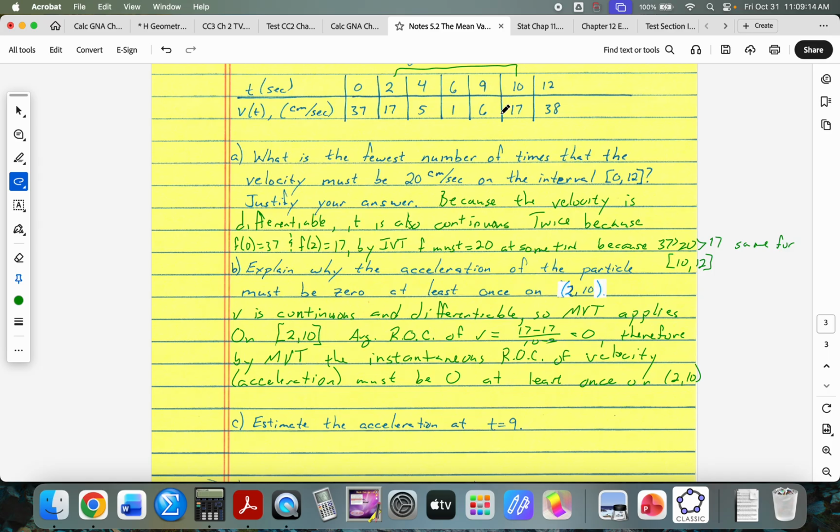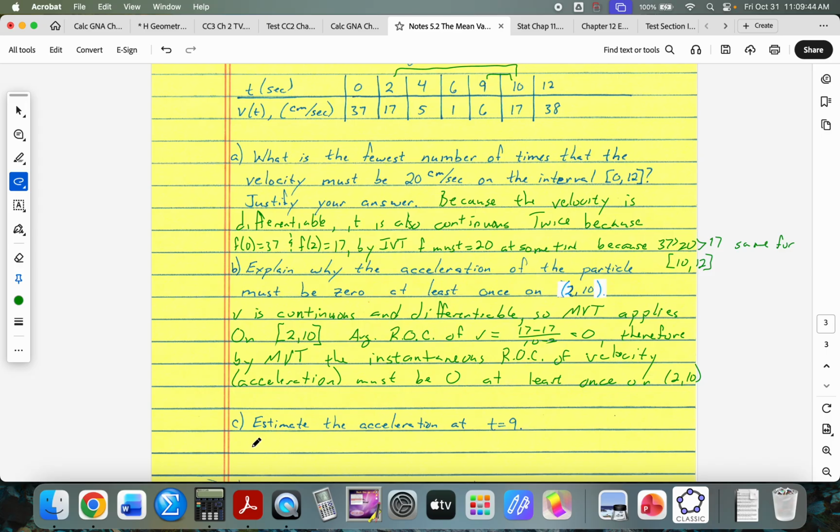On the AP exam, they've asked questions like this, and they've tinkered around with different ones. You could do the interval from 6 to 10, because that includes 9, right? But I think the best interval to use is just from 9 to 10, because it is the smallest interval that contains 9.